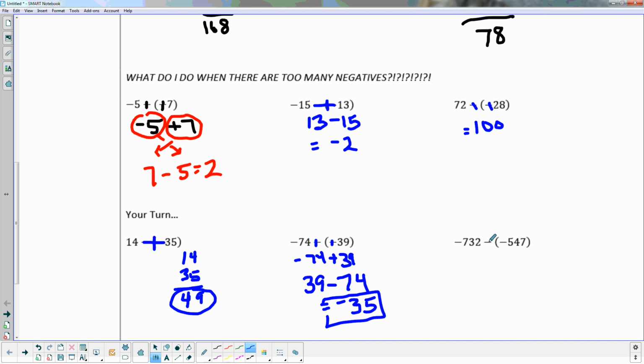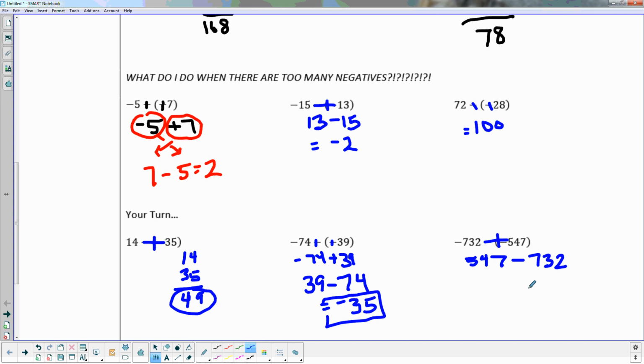Next one, I get that double negative again, so I'm undoing that. Undoing that double negative, I have -732 and +547. Maybe I rewrite that. 547 is positive, and I'll put my negative at the end, 732.